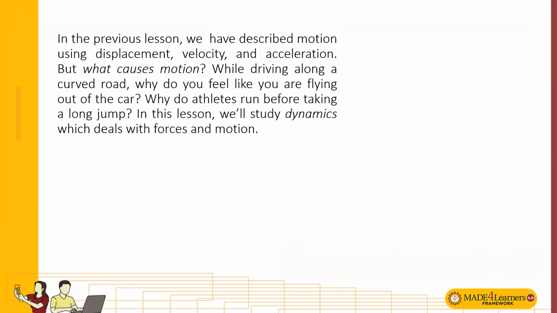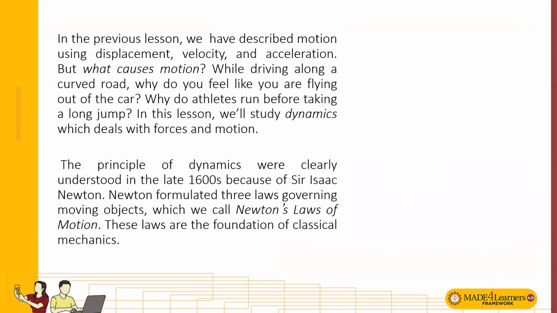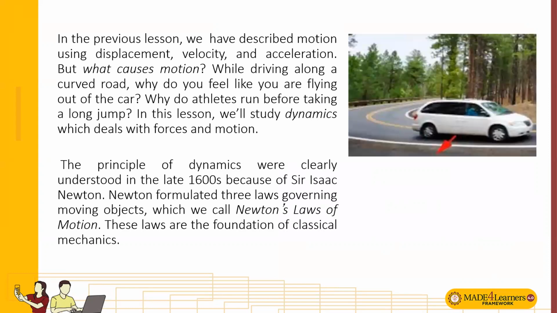So now we're going to try to analyze what are the causes of the motion. We have here some examples. The reason why there's a banking angle on the road: why is it designed that way? Why do accidents happen on poorly designed roads?